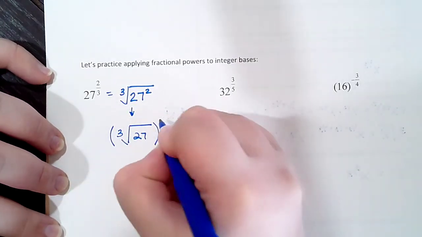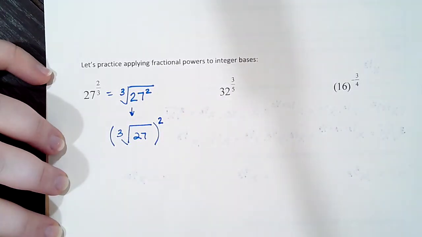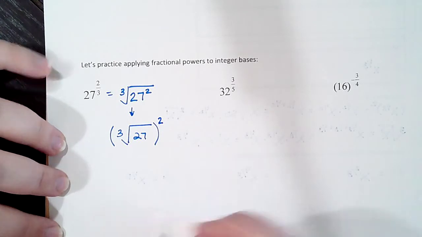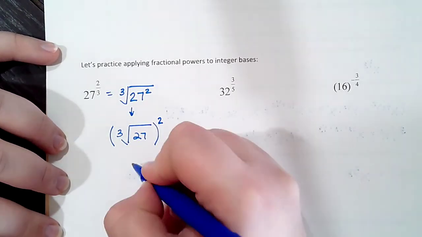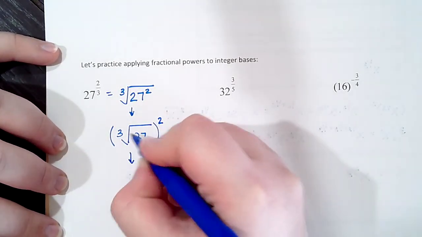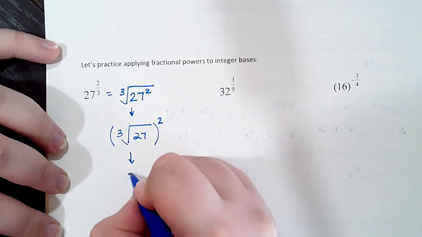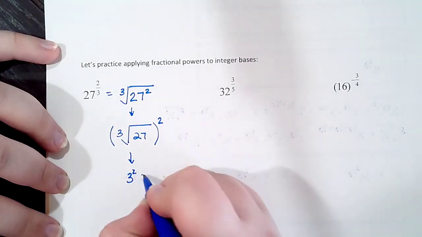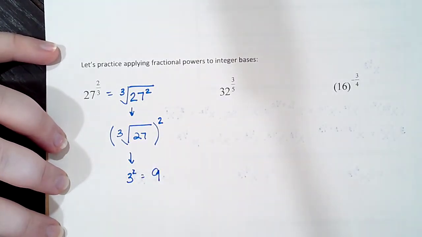Once I find it, I'm going to square it, because that's a much smaller number to square than 27. Just a trick that I find helps. So I know that the cube root of 27 is 3. 3 squared, because I'm bringing that exponent down, is 9.